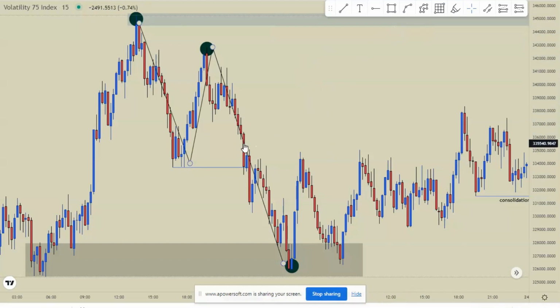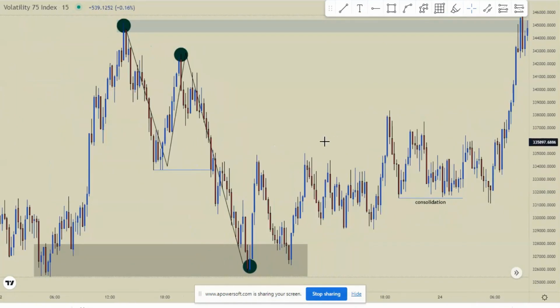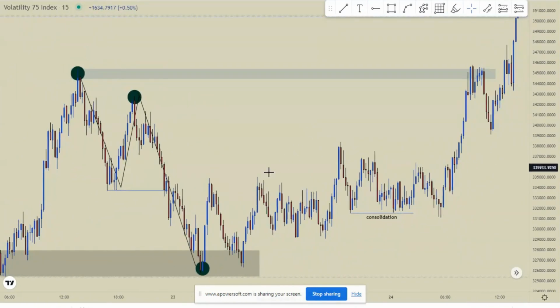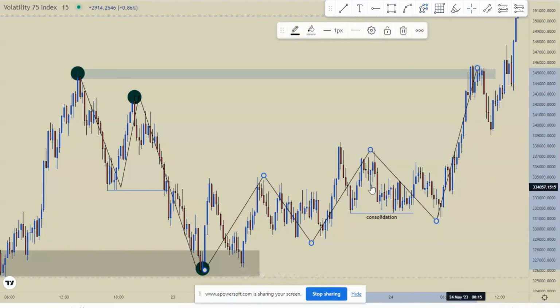After realizing that, we've seen expansion, retracement, and then another expansion. Now we have what we call a reversal. We can see that overall we left this place, and now we reversed to that area.